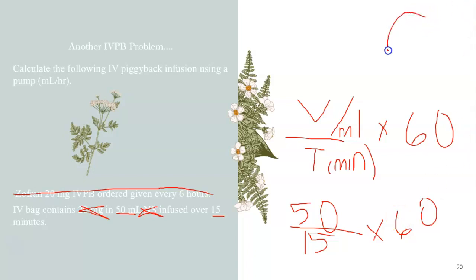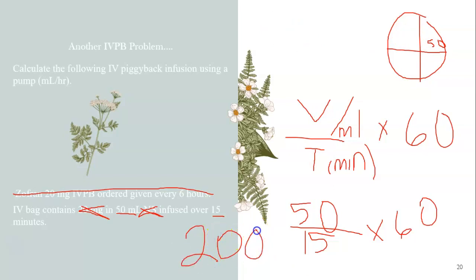Do the math. Now, technically, if this hour was a clock, and I wanted 50 to go in 15 minutes, 50, 100, 150, 200, I would have to run it at 200 an hour. Not that they're going to get 200.